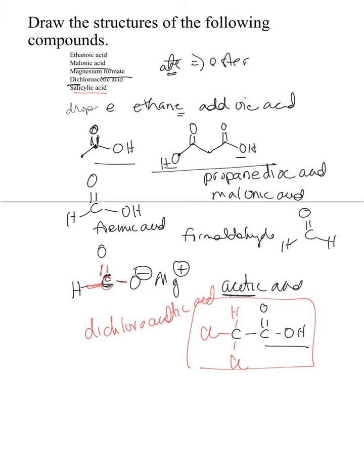And then salicylic acid would be a structure that you would have to look up, and it is a piece of what aspirin is made out of. So that's salicylic acid.